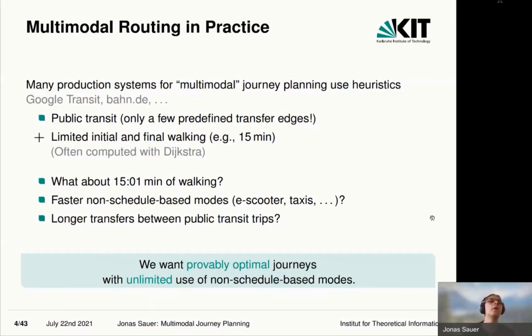We want to at least start with technically unlimited use of all transportation modes, and then filter out solutions that aren't realistic afterwards. And the journeys that we obtain, we want them to be provably optimal.